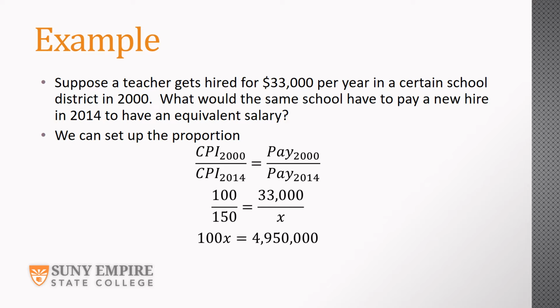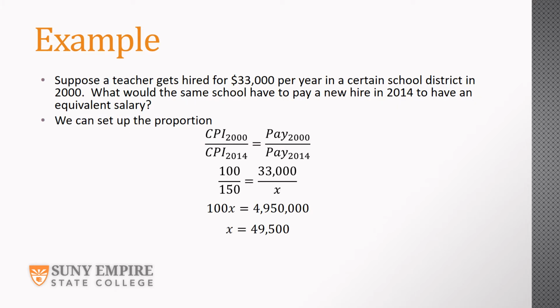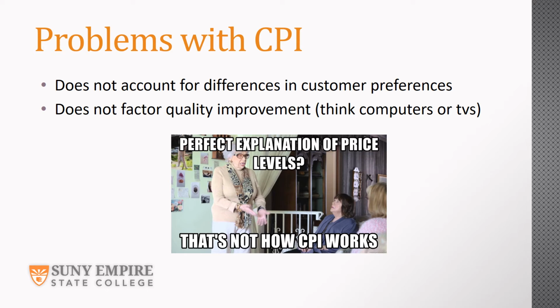We have 100x equal to 4,950,000. Solving for x, we divide both sides by 100. Therefore, the equivalent salary for 2014 would be $49,500. While the Consumer Price Index is useful for comparing costs over time, there are some problems with the measure.